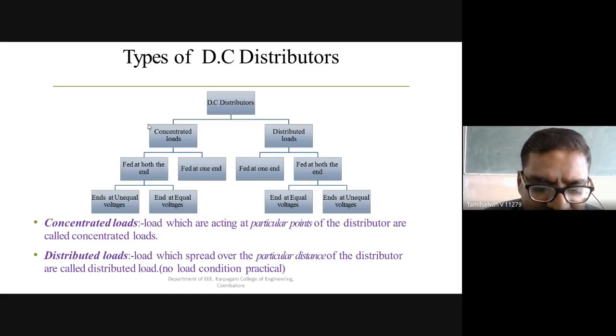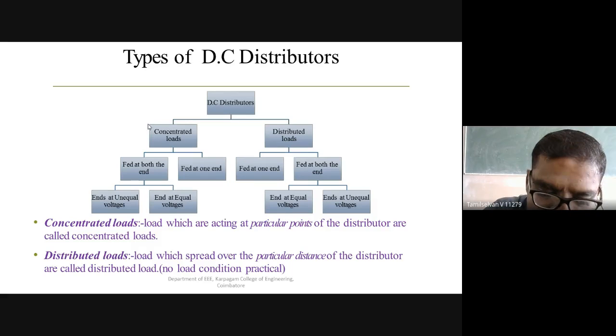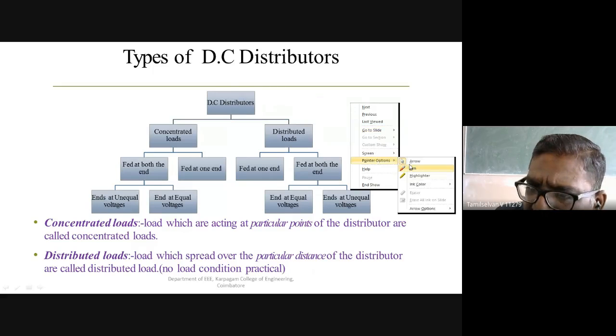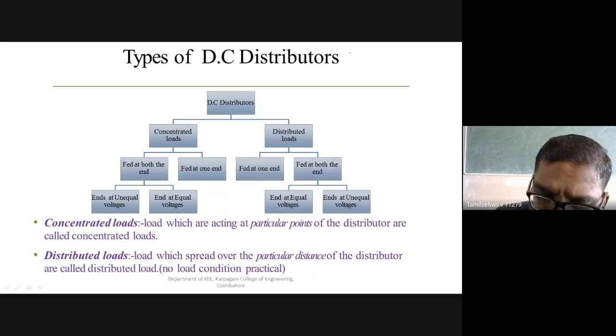Here we come to the main thing, the types of distributors. I think in the first slide we discussed our distribution system, correct?